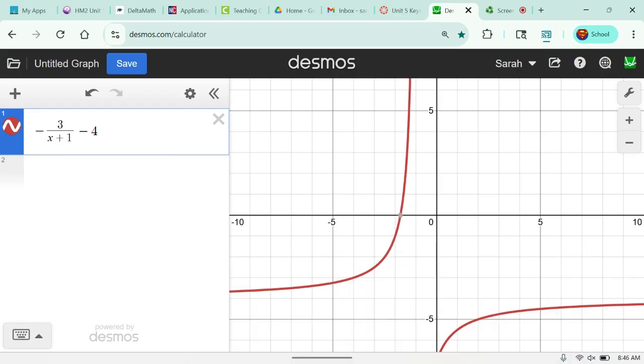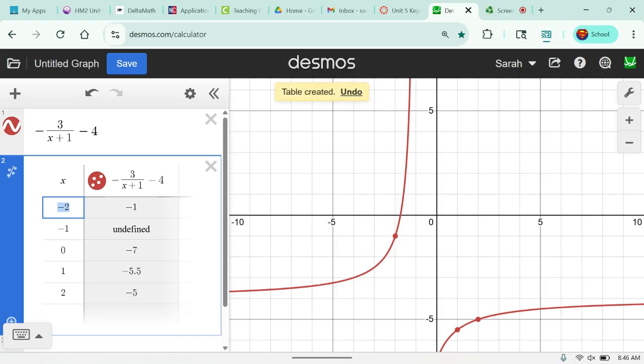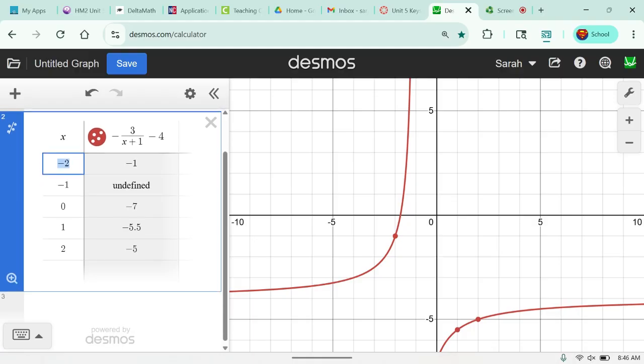I'm going to generate my table. So gear key, table. All right. Now, remember, I want to check however many I can fit on the axis. So I'm going to go from -10 to 10.